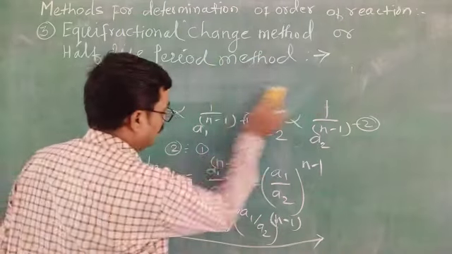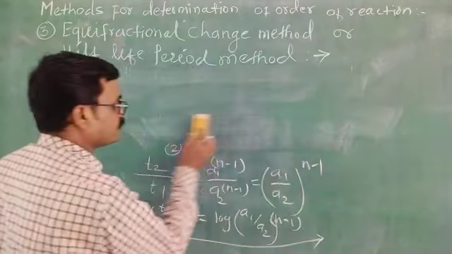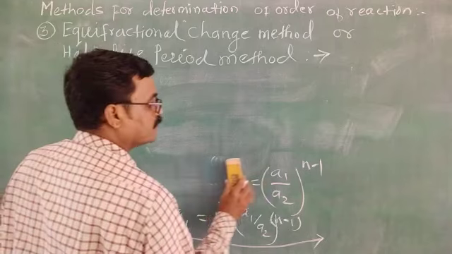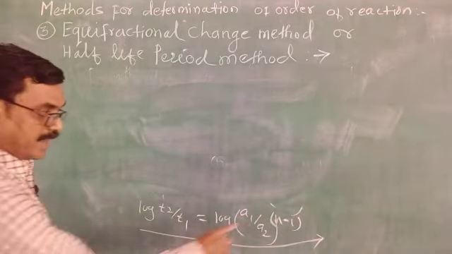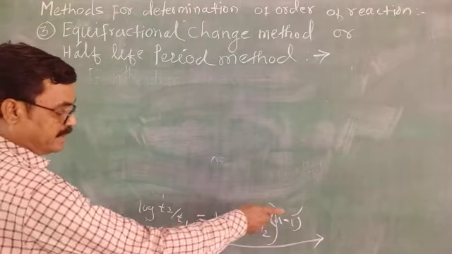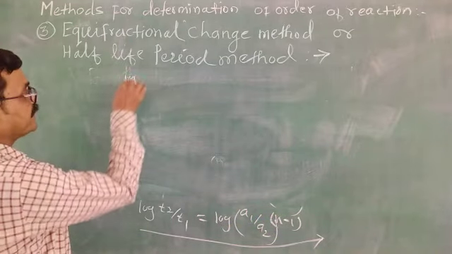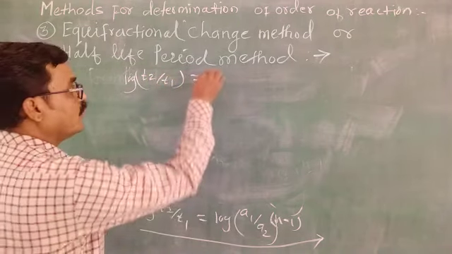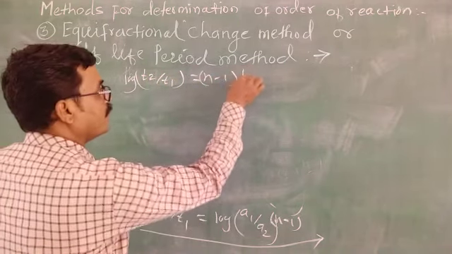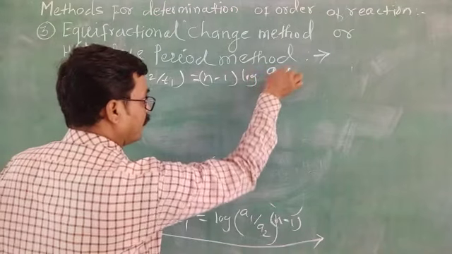See, after this step, log m raised to n, that's why the left hand side log of T2 upon T1 is equal to (n minus 1) log of A1 upon A2.